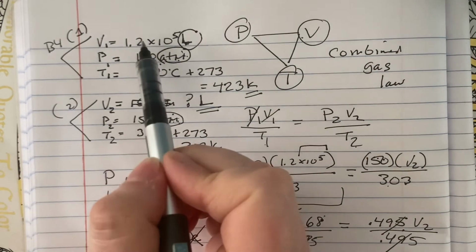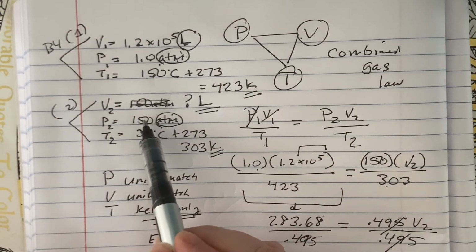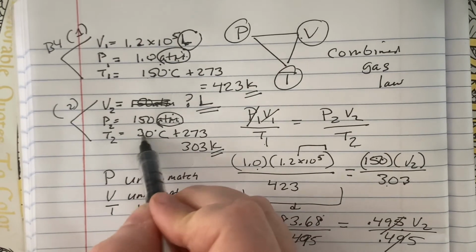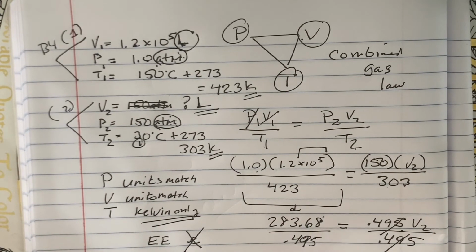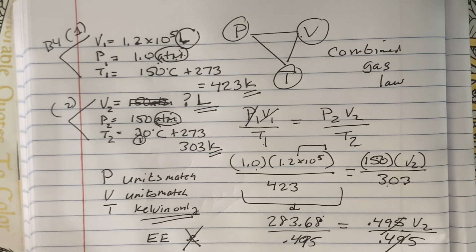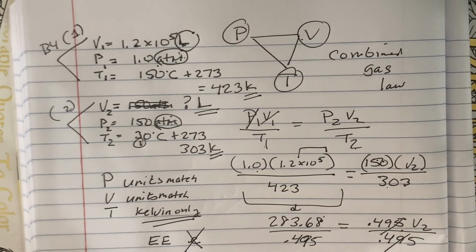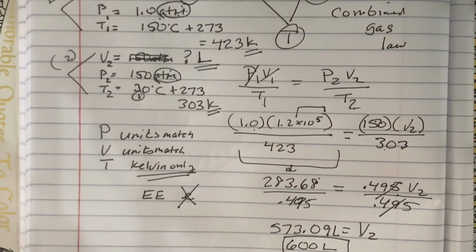Sig figs: 2 sig figs, 2 sig figs, 2 sig figs, 2 sig figs, 1 sig fig. As long as it was 30.0, let me just double check. Nope, it was just 1 sig fig, so actually this is going to round to 600 liters. 1 sig fig.